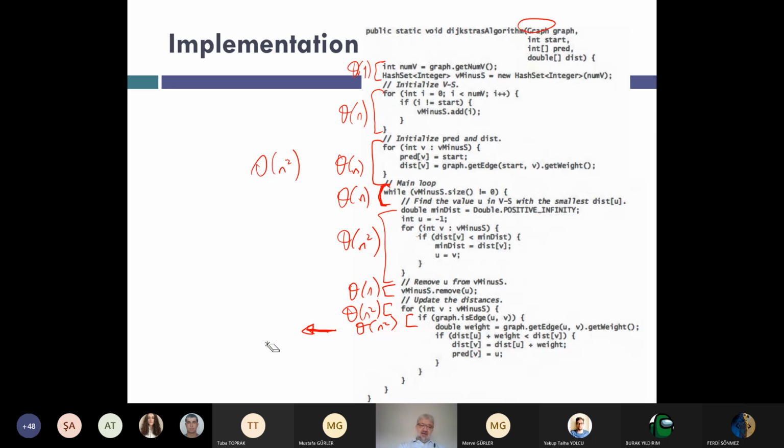Or if you are careful, you check the adjacency list of u several times for all the remaining vertices, and you do it for all the vertices, so it will take O(m times n), actually. Okay? You have to be careful about it.